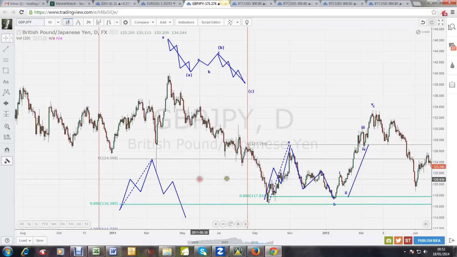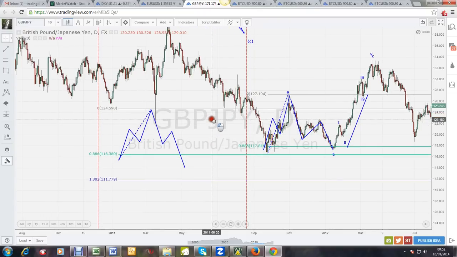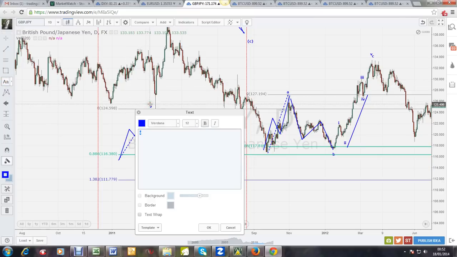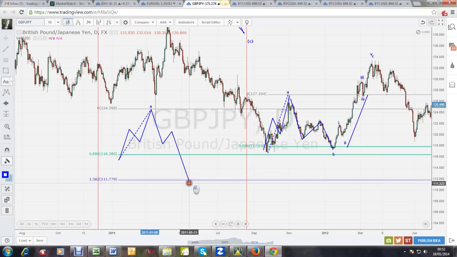Technically, if you were looking at this and supposing that was the Bitcoin, then it's possible for this wave to stop at 90%, or it could go all the way to 138% of this. If you were numbering this, you'd be calling this one wave A, and this one as a wave B.